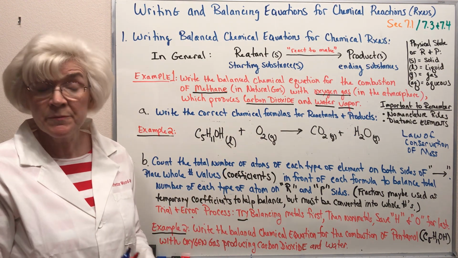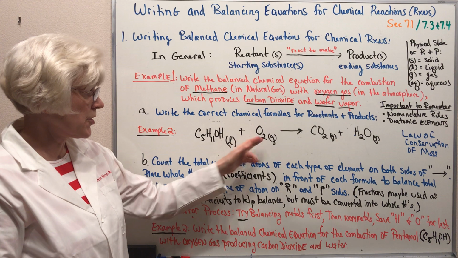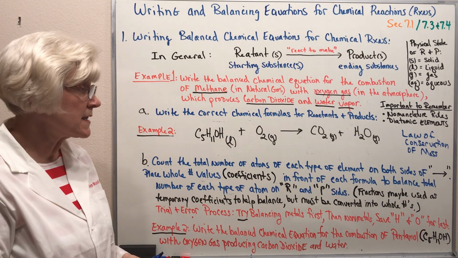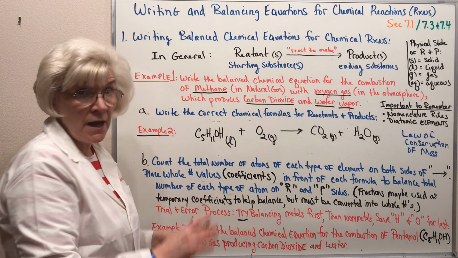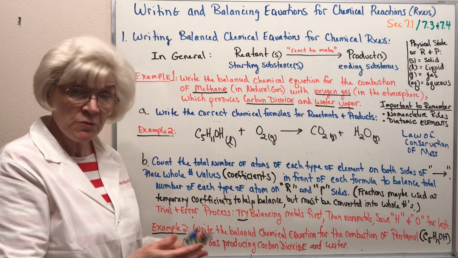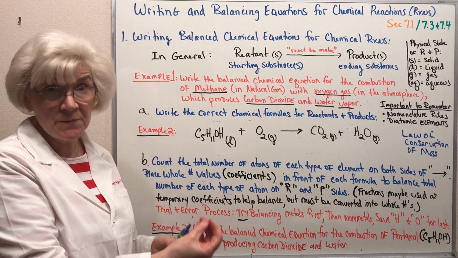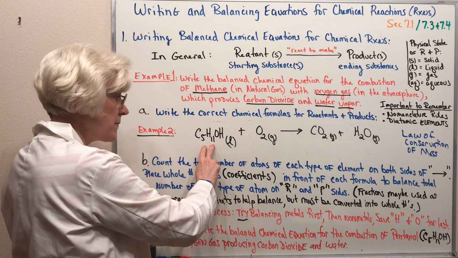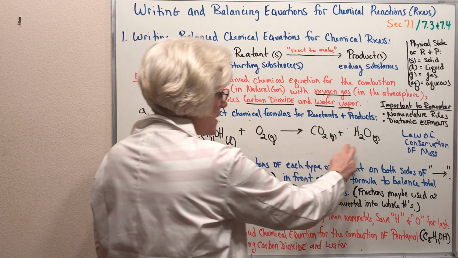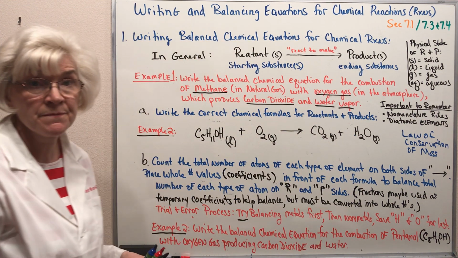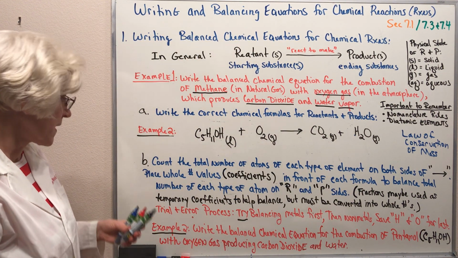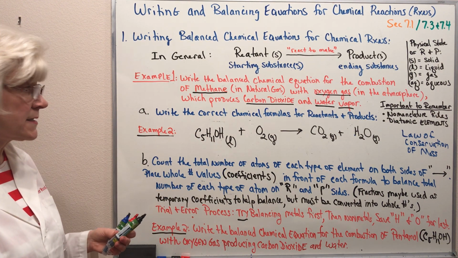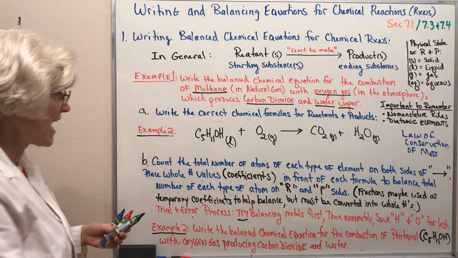Whenever you have a combustion reaction occurring, one of the reactants is always oxygen present in the atmosphere, undergoing reaction with whatever the fuel is, the substance that is burning. And whenever you're burning a carbon-based fuel, you will always get carbon dioxide and water as your products. So we have the correct formulas, and now we need to begin doing the counting.